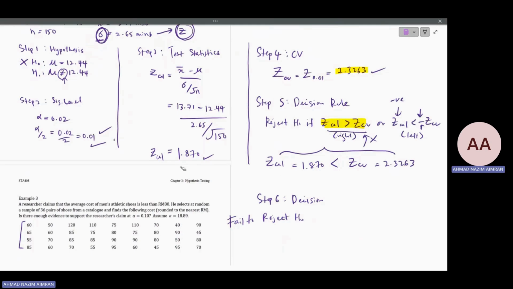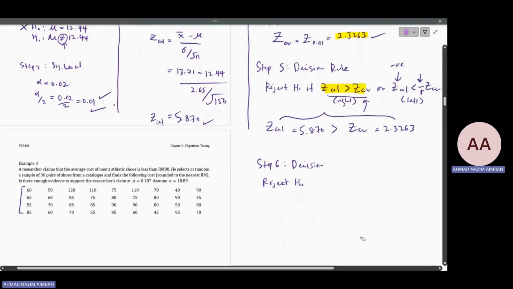But for our example right now, we have 5.87, and this is greater than. Since it is greater than, it complies with the decision rule. So in our case right now, the decision is to reject H null.